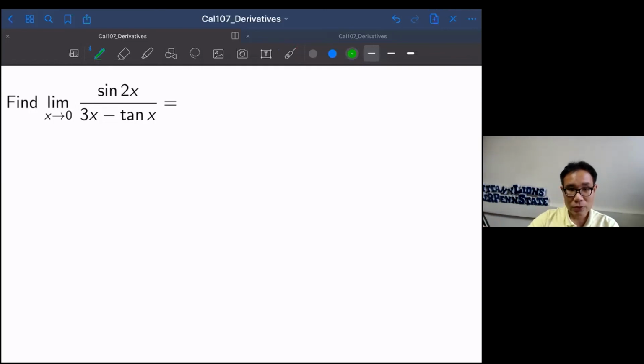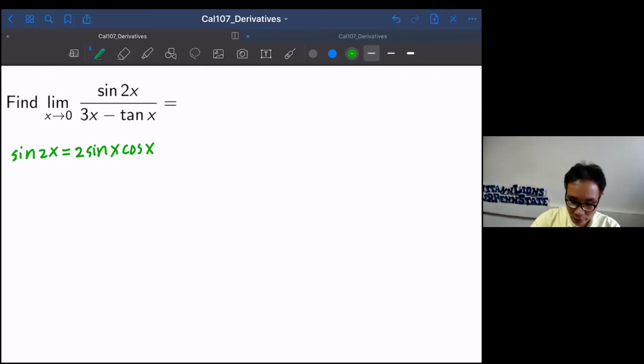In order to do this one, you may need to know one identity: sine 2x is equal to 2 sine x cosine x.